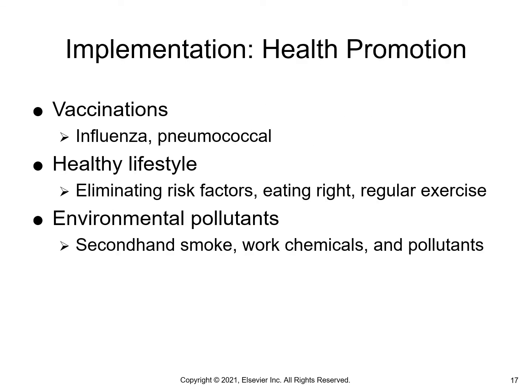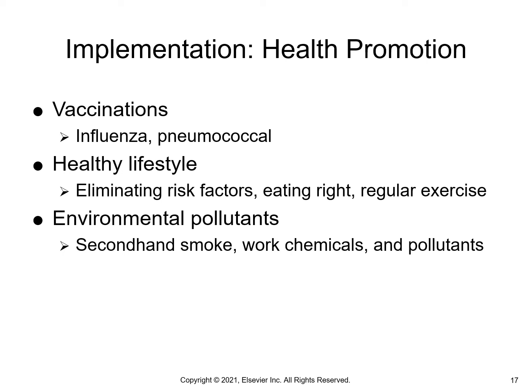Implementation is divided on multiple levels. When we talk about health promotion, primary prevention, secondary prevention, you can see examples in box 41.6 about patient teaching for prevention of recurrent respiratory infections. That's health promotion: promoting vaccinations for influenza and the pneumococcal vaccine for those who are at risk.